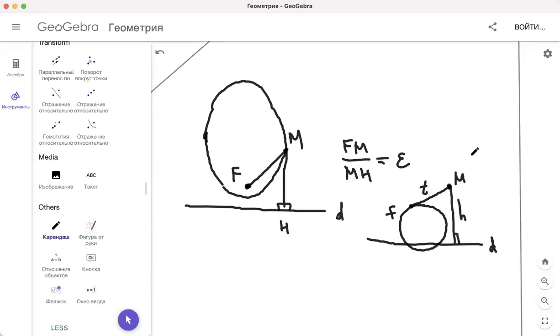And you consider the locus of points such that this ratio is constant.